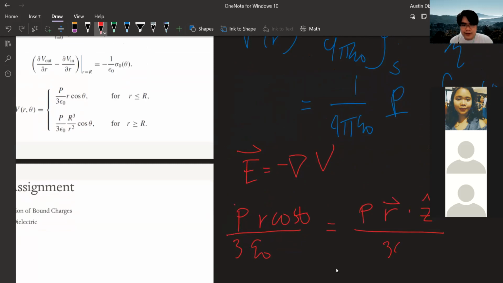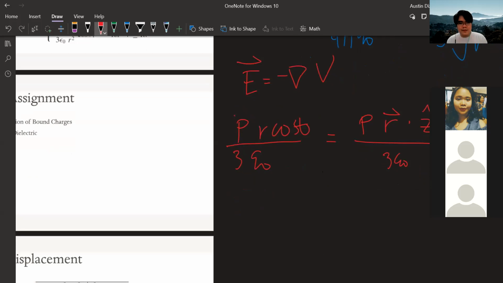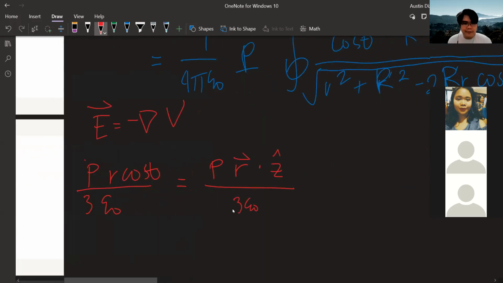I could simply get the gradient as, double check ko lang. Tama tayo. Okay, mali pala.